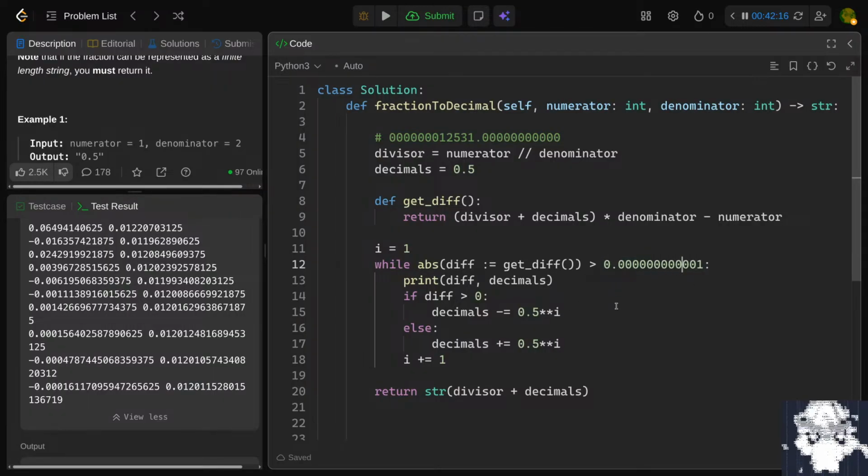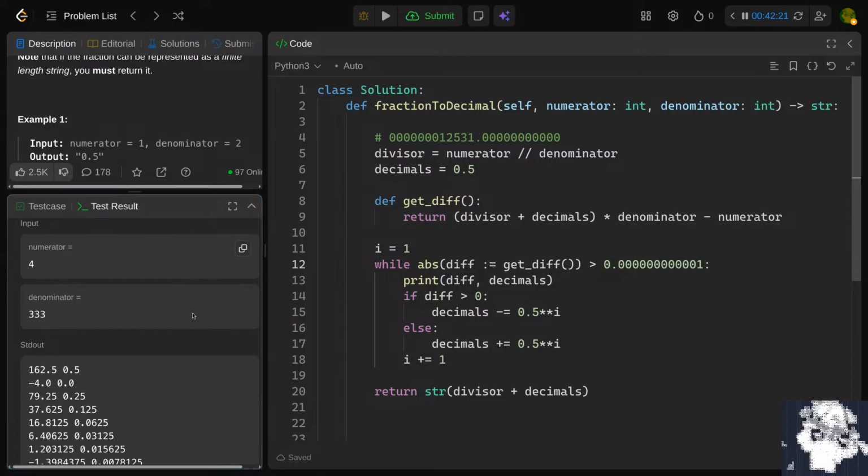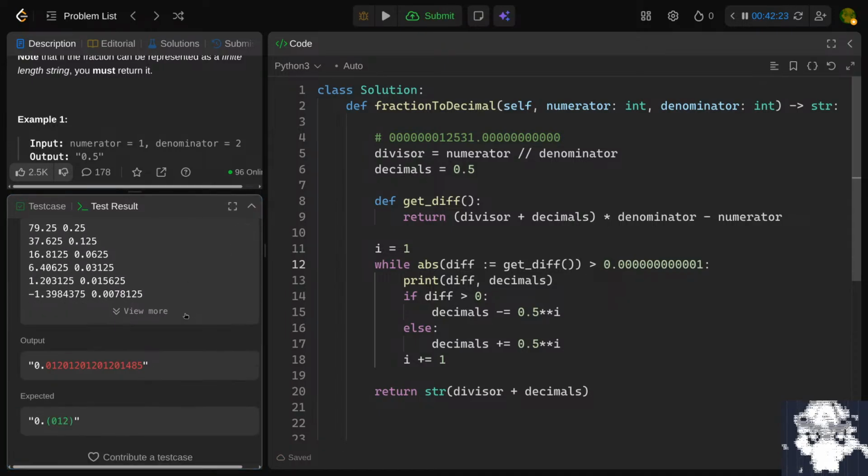What if we just add more decimals? Yeah, look at that. Okay. Now the insane part, which is we're just doing a calculation, and from that we have to figure out what is repeating.